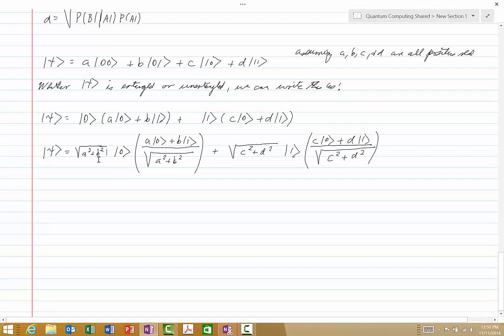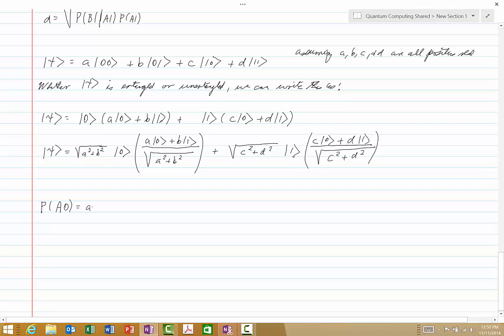We now see that the probability that Alice measures 0, so this is A0, okay, this is Alice measuring 0. Well, this is the first qubit being 0, this is the first qubit being 1, and so the probability that Alice measures 0 is simply this squared.